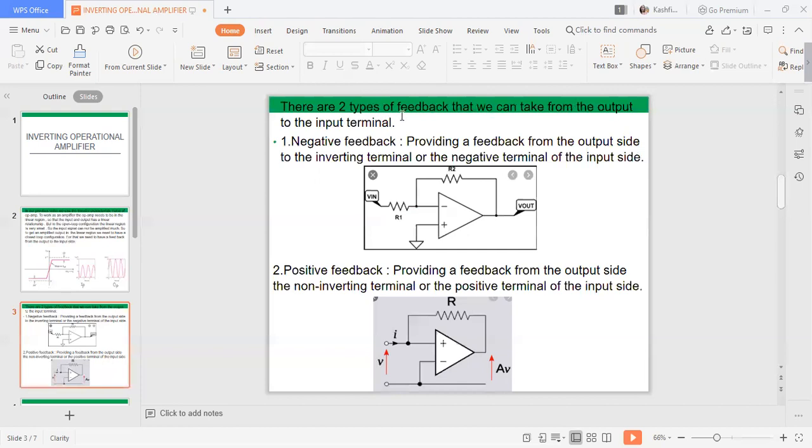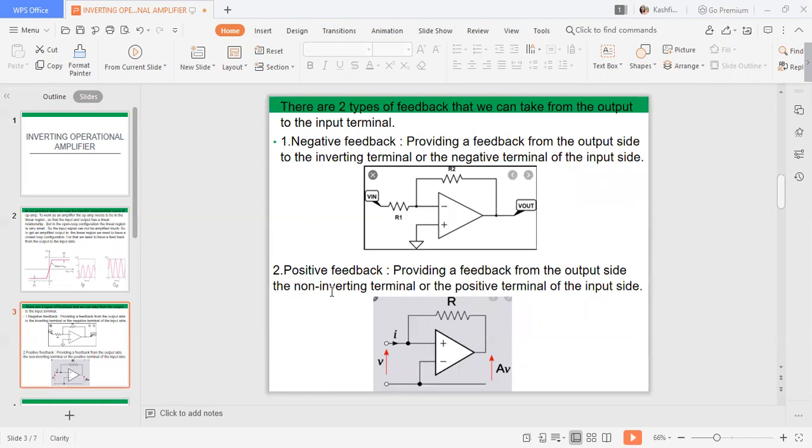There are two types of feedback that we can take from the output to the input terminal. One is negative feedback and the other is positive feedback. Providing a feedback from the output side to the inverting terminal, or the negative terminal, of the input side is negative feedback. Now in this figure we can see that we are providing a feedback from the output side to the negative or inverting terminal. So it is negative feedback.